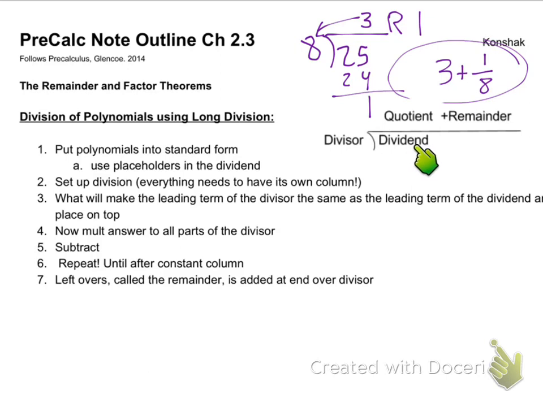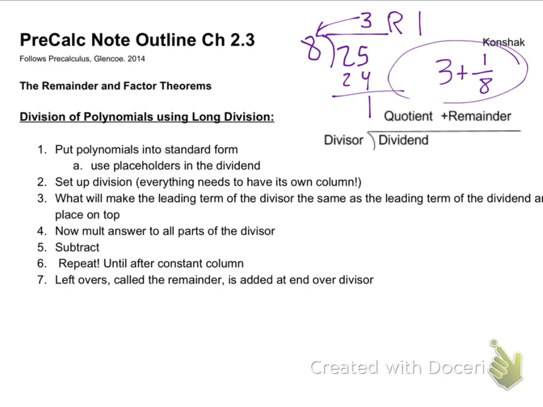The goal is to always have a column. Placeholders come into play if I have a 50-degree polynomial and I'm missing the x to the 4th. It's okay for standard form, but to have a placeholder, I would have to state that there's 0 x to the 4ths. So anything that's not there, including the constant, I always have to have a placeholder.